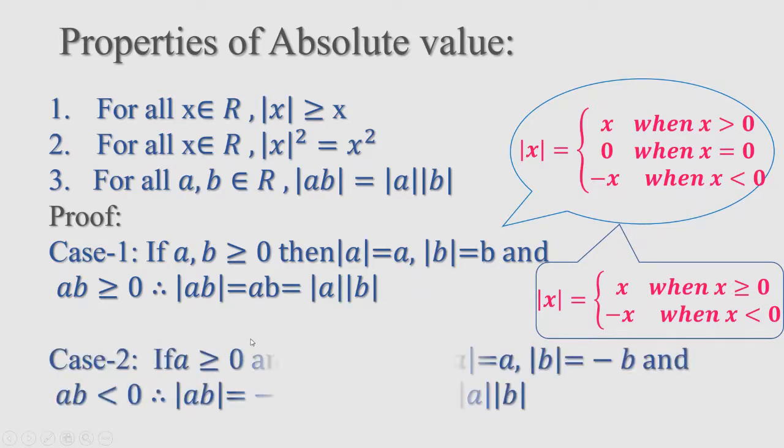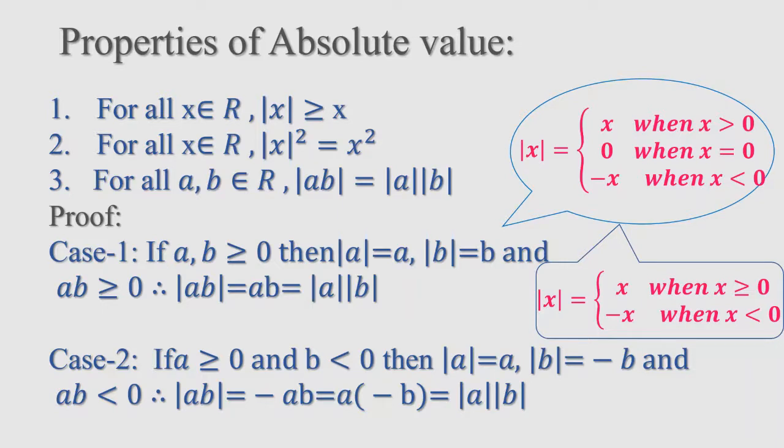Now case 2, if a is greater than or equal to 0 and b is less than 0, then modulus of a equals a, because a is non-negative, and modulus of b equals minus b, because b is negative. Here a is positive and b is negative, and multiplication of a positive number and a negative number is always negative, so this multiplication is less than 0.